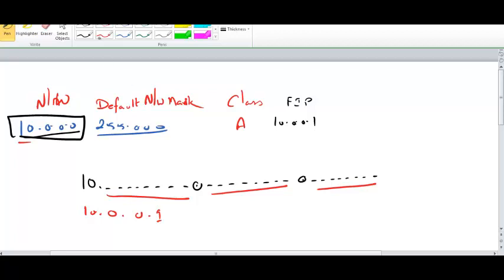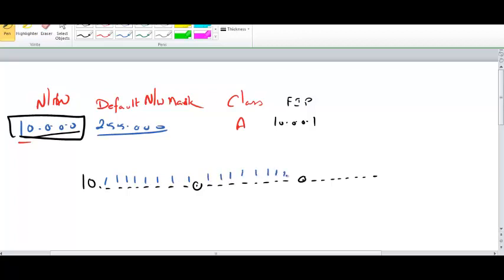Now, what will be the last one? If that is first, what will be the last one? All this becomes what? 1. Then how do you write it?